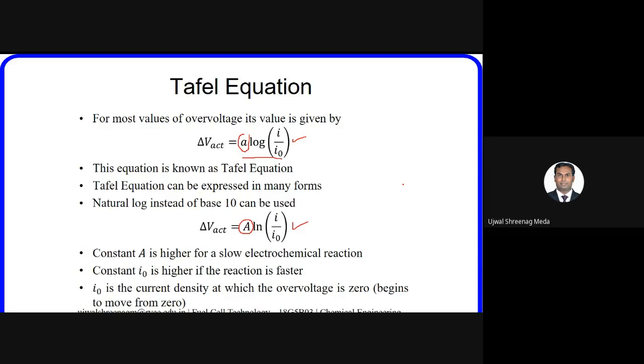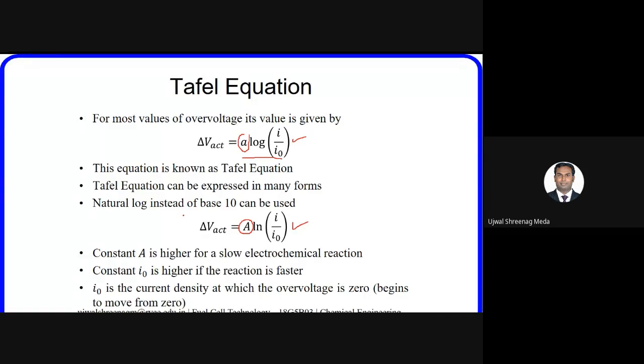These two terms, A and I naught, have a significant role to play in the case of activation losses. We should have a better understanding of these constants, A and I naught. The constant A is higher for a slow chemical reaction. According to this equation, this constant A is directly proportional to the activation loss. That means when the value of A is higher, the associated loss will also be higher because it's a direct relation.